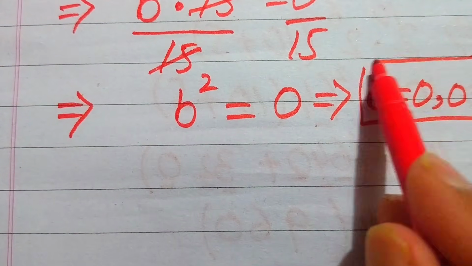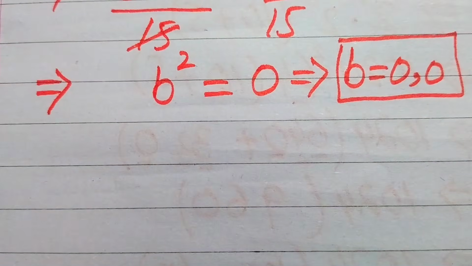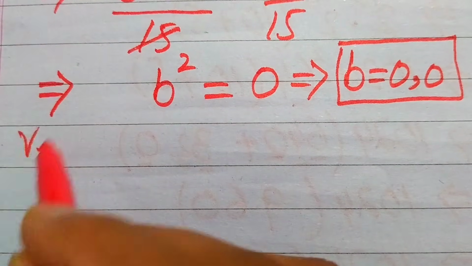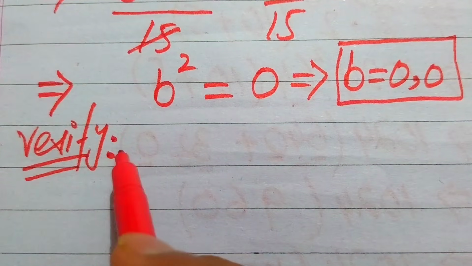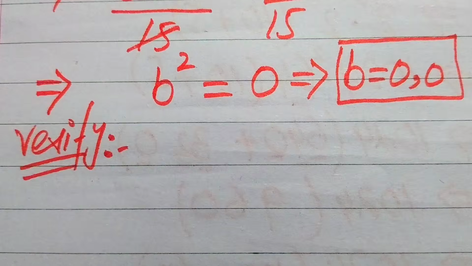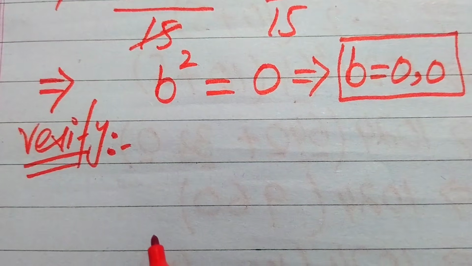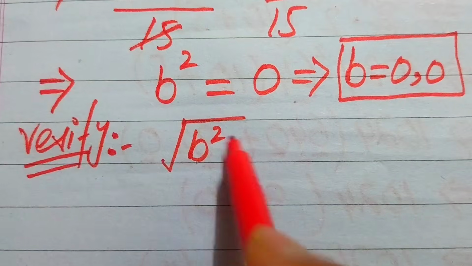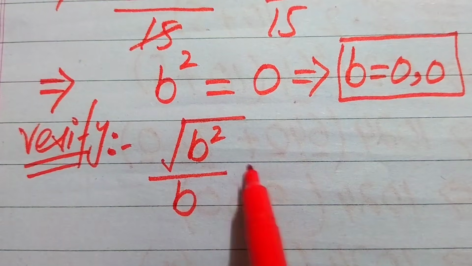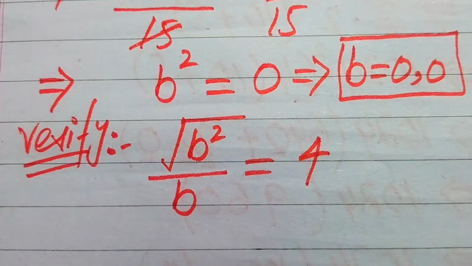So you see that in this method we get these two repeated roots of the given equation. Now in the next step we need to verify whether this value of b is a solution or an extraneous root. For verification, we copy down the given question statement: square root of b squared divided by b is equal to 4.